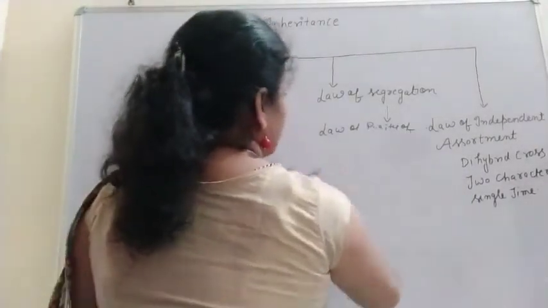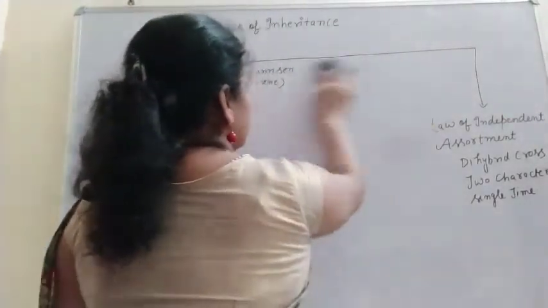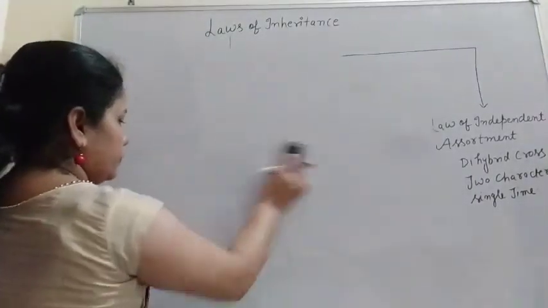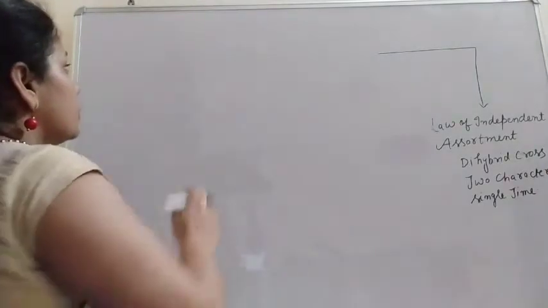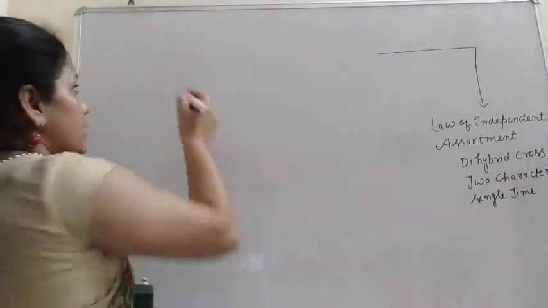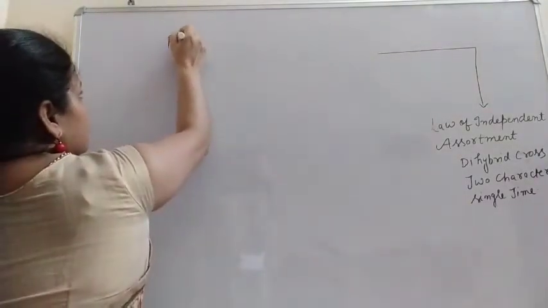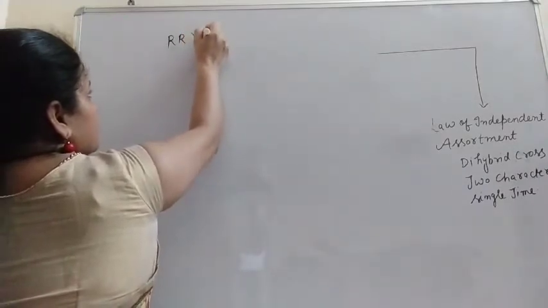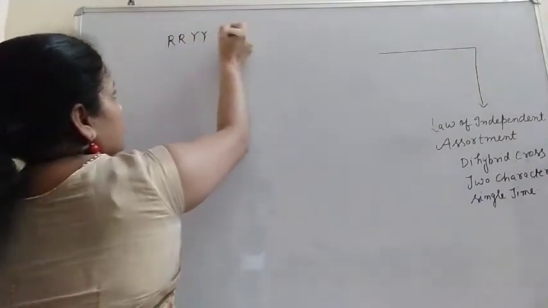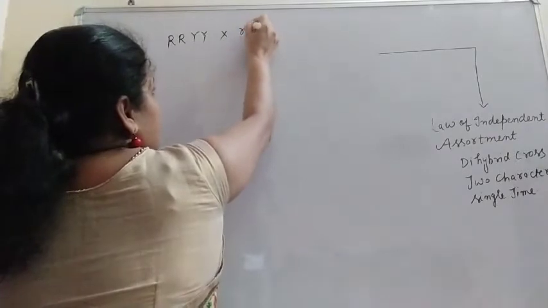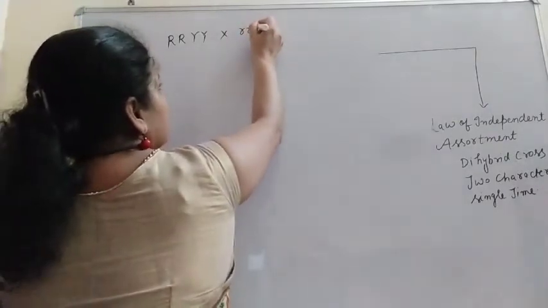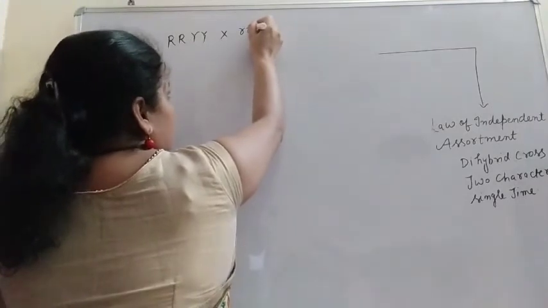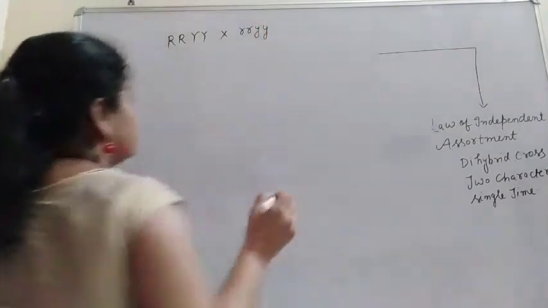Suppose the shape of the seed and the color of the seed. So shape of the seed, that is round, and color is yellow. And in the second case, shape of the seed is wrinkled, and small y is here, wrinkled green.